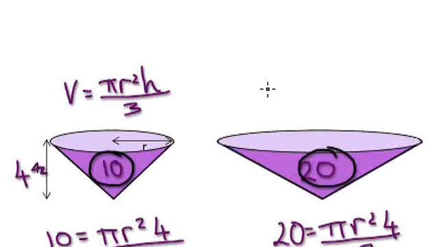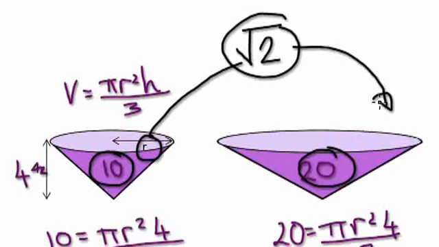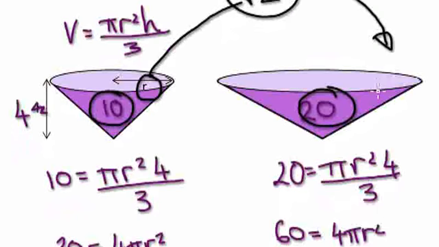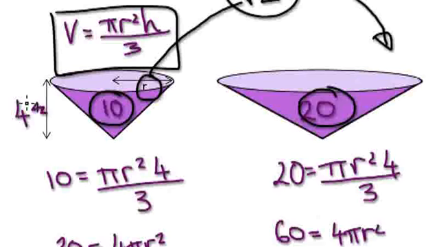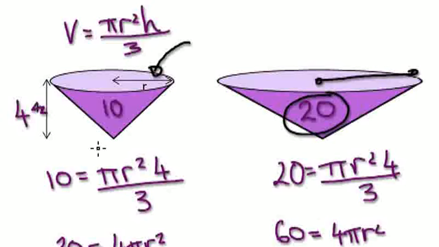Now let's see if the radius actually grows by root 2. Starting with this formula, this is the h here, put it in here. This is the volume, put it in here. Basically, work out the radius of this and work out the radius of this when it has a volume of 20.